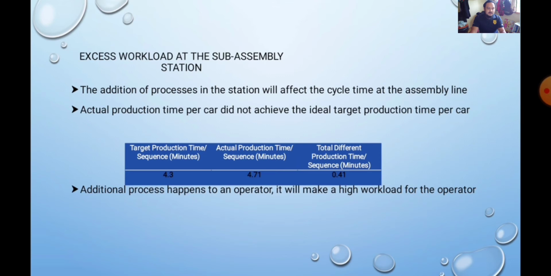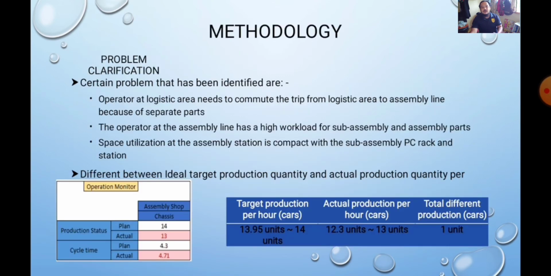Okay, next we go to the methodology. Basically, the overall process is to upgrade a layout by moving the fuel tank sub-assembly station and its PC racks from the production line, which is in the fuel tank assembly line, into the logistic area, which is right before the supply process happens.